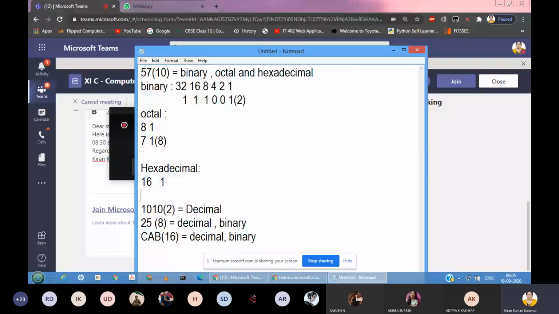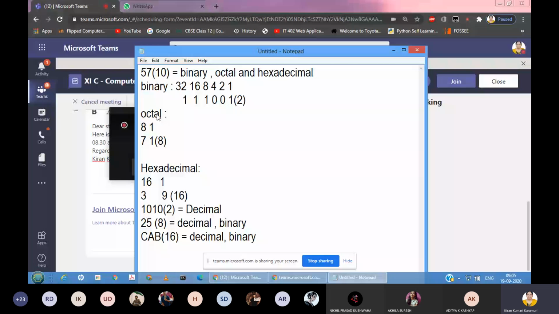So 16 4s are 48, and 48 plus 9 gives 49 base 16. Ma'am, 16 3s are 48. 16 4s are 64. So 39 base 16 is the answer for your question.